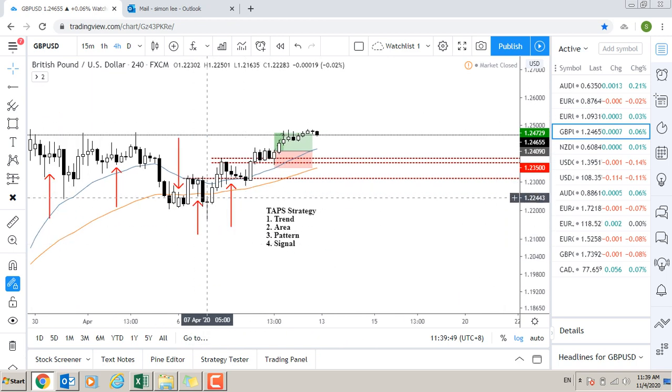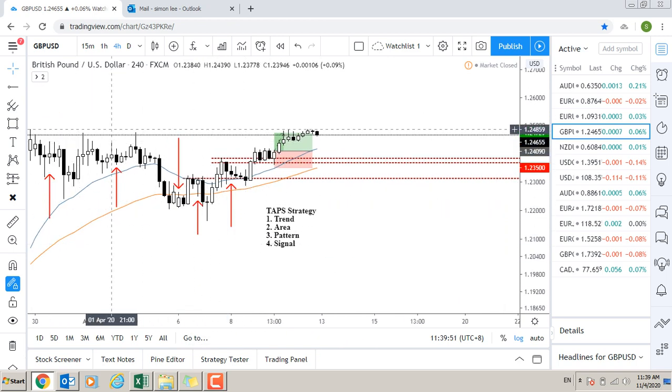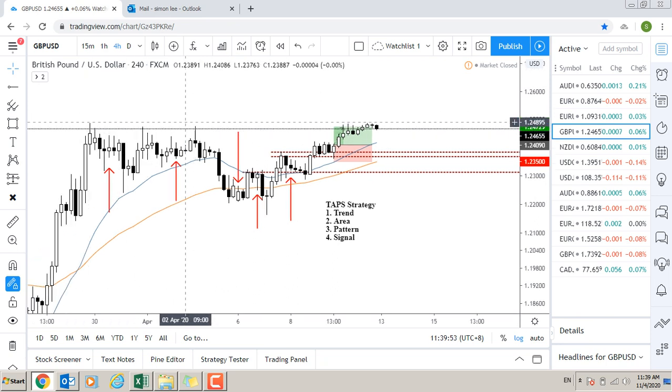Okay, but when the price goes up here, it does not actually break this area. So my question to myself is, does it count as an uptrend, or is it still possible the price will go down? I don't know, I can't answer myself.